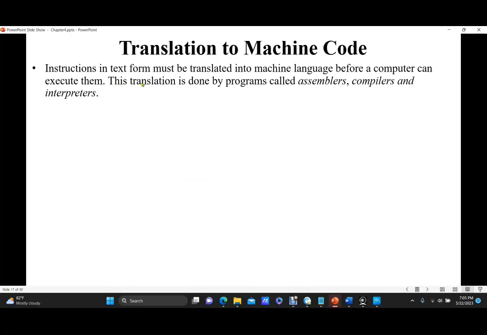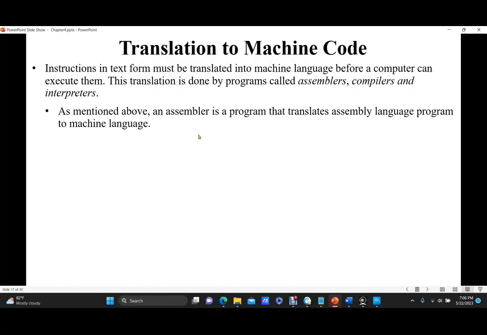Instructions in text form have to be translated into machine language binary codes for the processor before the computer can execute them. This kind of translation will be done by programs called assemblers, compilers, or interpreters.